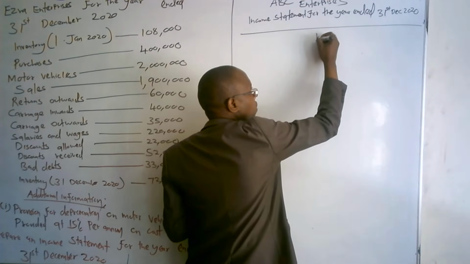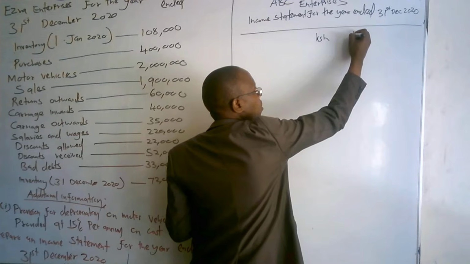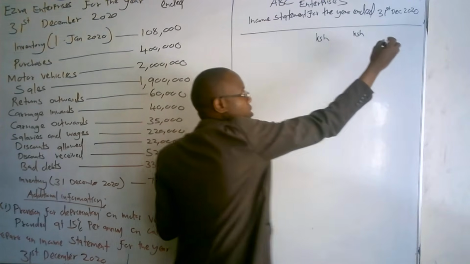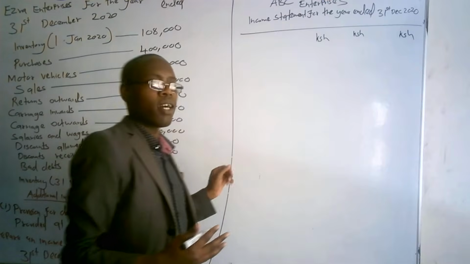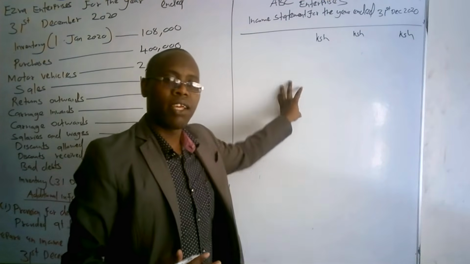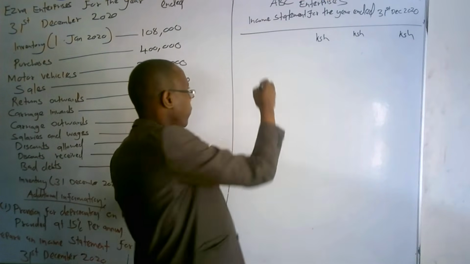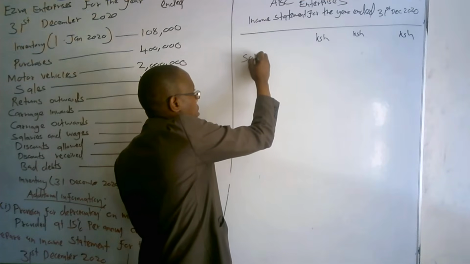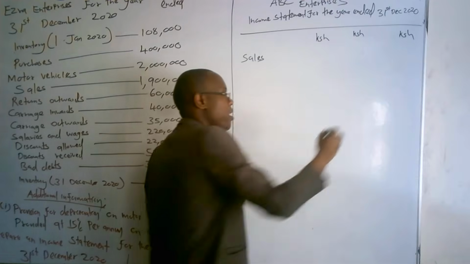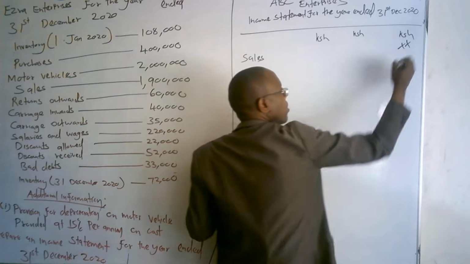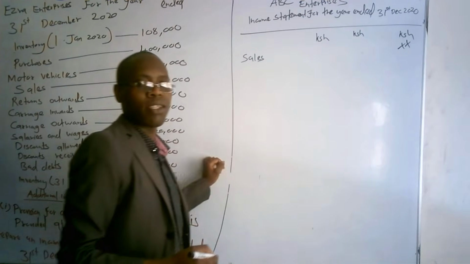So I need to have Kenyan shillings here, Kenyan shillings there, and Kenyan shillings in the other part. And then I start with the sales. I'm going to have my sales here, and the sales are going to be in the last currency sign.